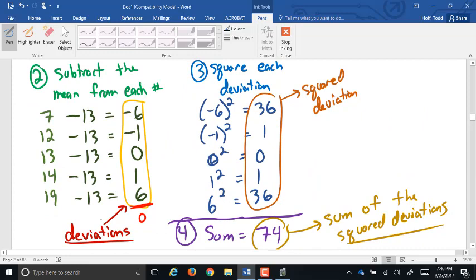Oh, sure. Yeah, step 3 is just squaring each of them. And then step 4 was just to add them all up.